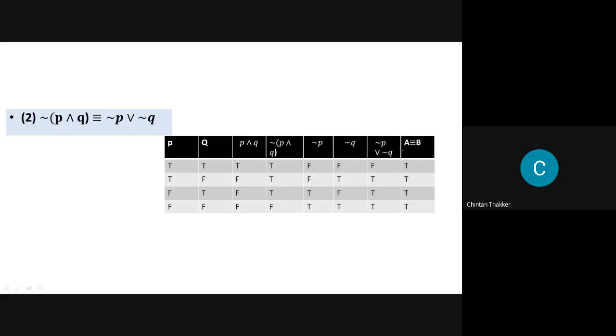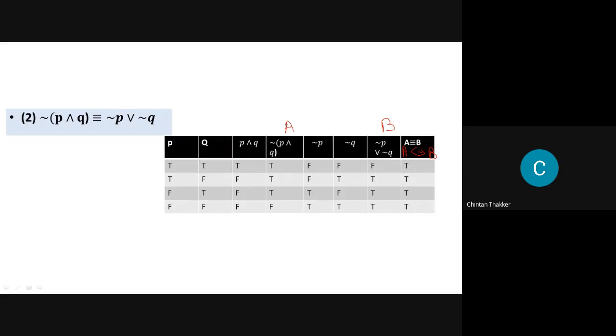Here, in place of A equivalent to B, you can write A if and only if B, and here this is A, this is B. In A and B, in all rows they have the same values, so the biconditional statement is a tautology.